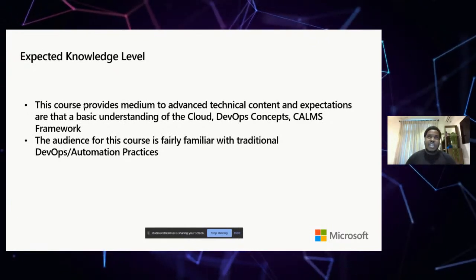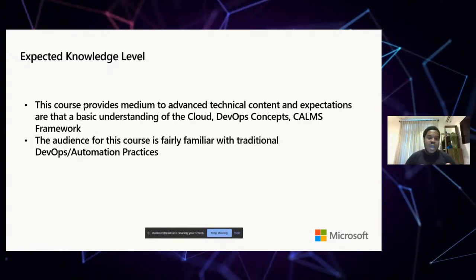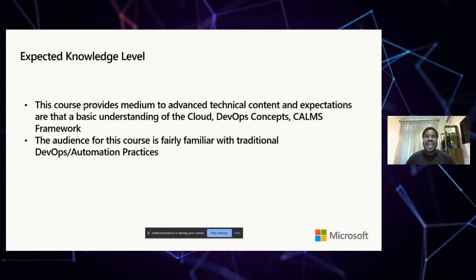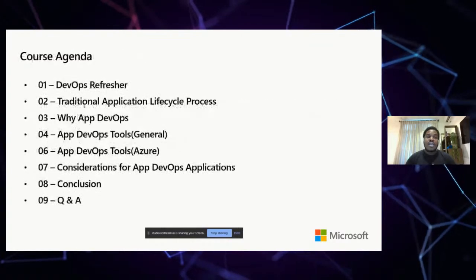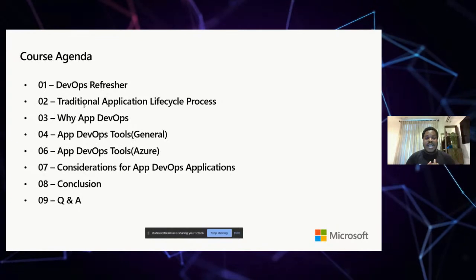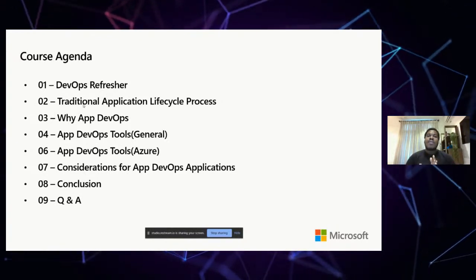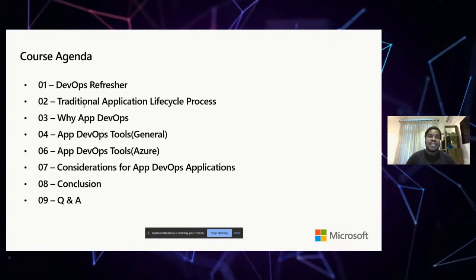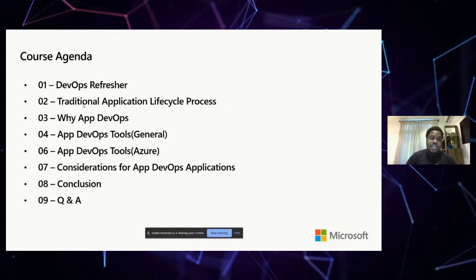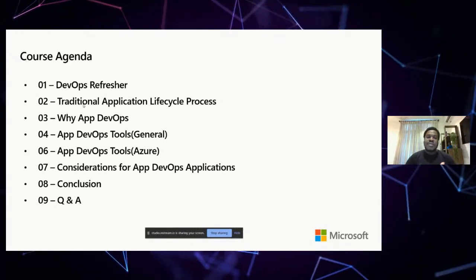And then yes, I think I need to apologize because I initially planned the demo from the beginning, but things didn't work out as planned. But I'll try to ensure that I elaborate as much as possible with regards to certain things we'll be talking about today. So for our course agenda, the first thing we want to talk about, especially for those who may not have so much of an idea of what DevOps is, will be a refresher on DevOps itself.